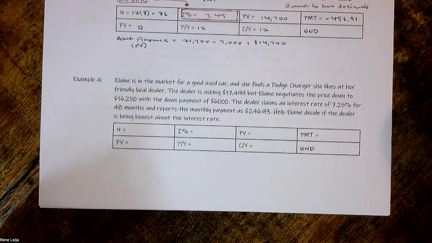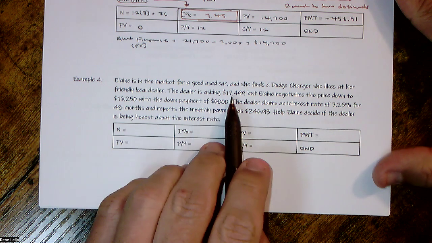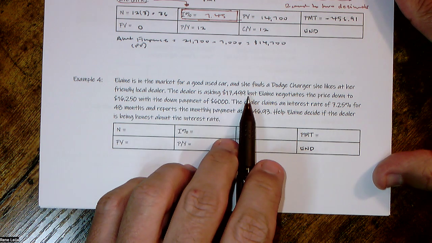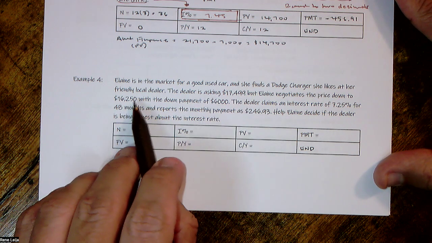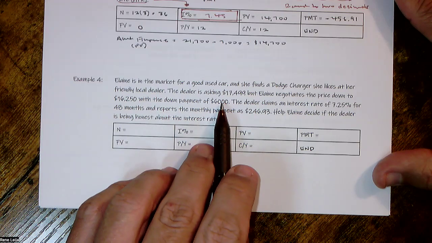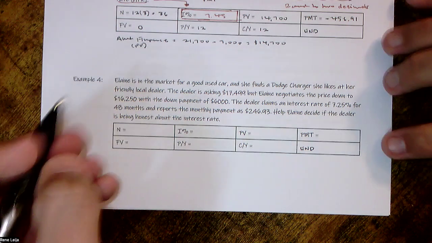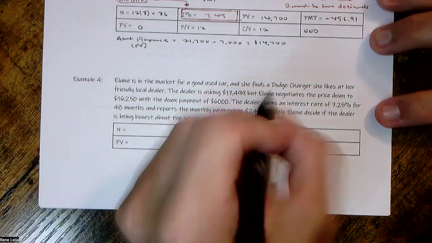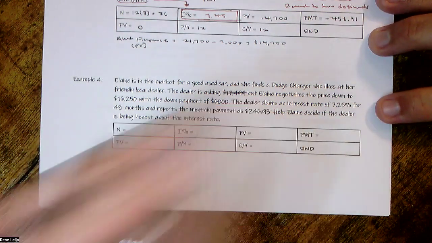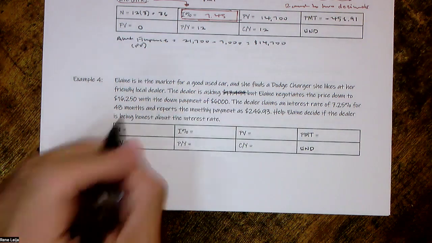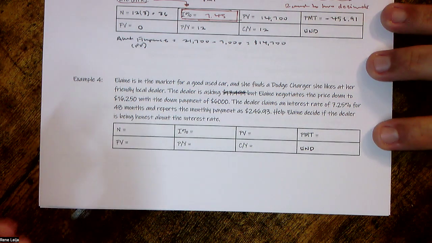Okay. So the dealer's asking 17,499, but she negotiates the price down to 16,250 with the down payment of $6,000. All that said, that means I don't need this number because she talked him down to 16,250.